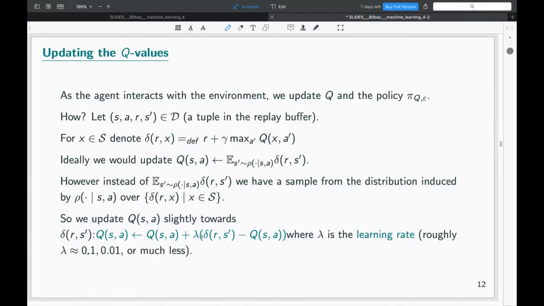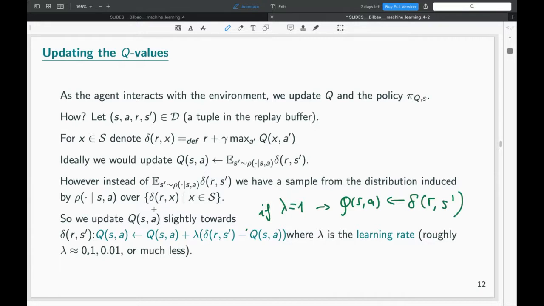If lambda was 1, then this update is just Q(S,A) becomes delta R S prime, which would be fine if this was actually the average value of delta induced by the distribution rho.